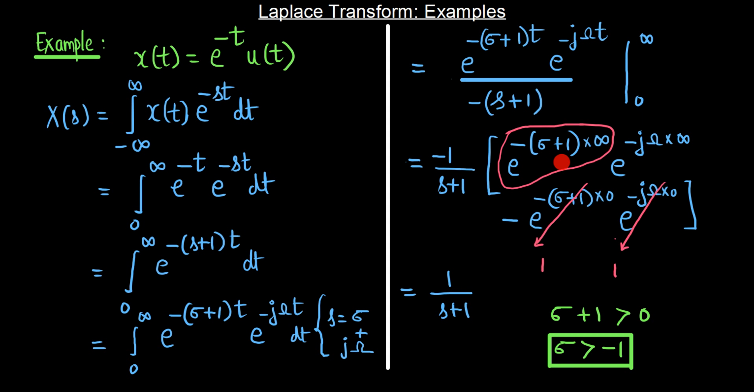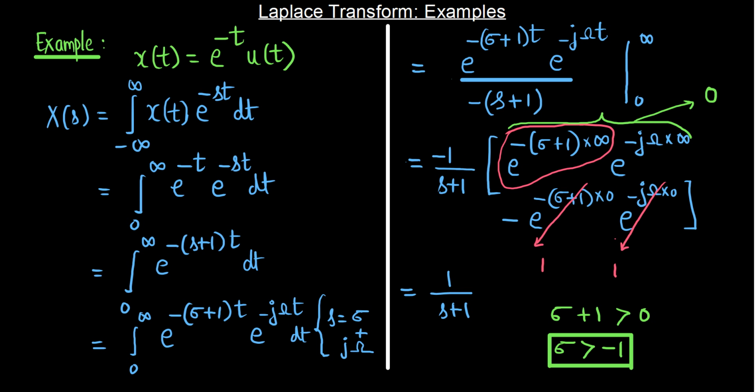So I'll write that this complete term here is going to be 0 if this sigma is greater than minus 1, or sigma plus 1 is positive. Then only we are going to get this expression, otherwise we may not get any expression. We are not going to get any expression for this.